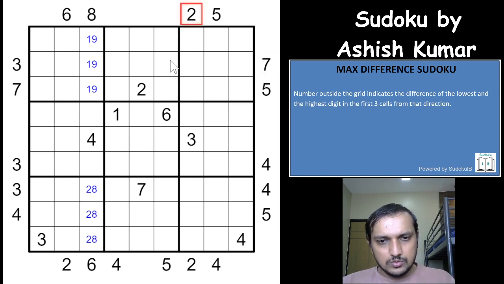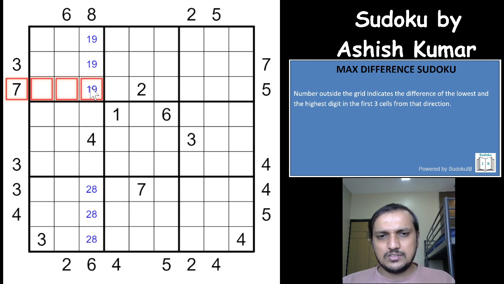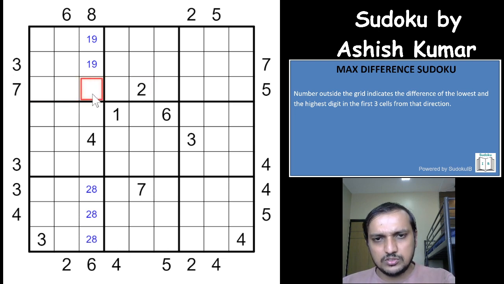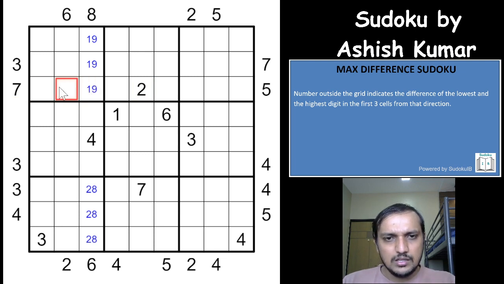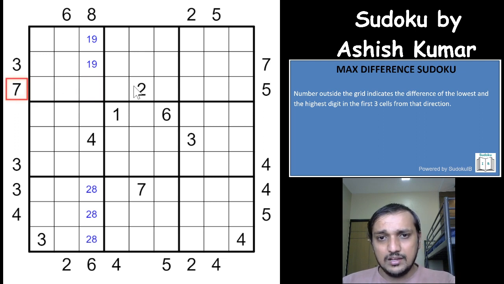Okay, for the 7, there are only 2 possibilities, either 1, 8 or 2, 9, and 2, 9 is not possible, so this would have to be a 1, and there has to be an 8 in one of these 2 cells, right?